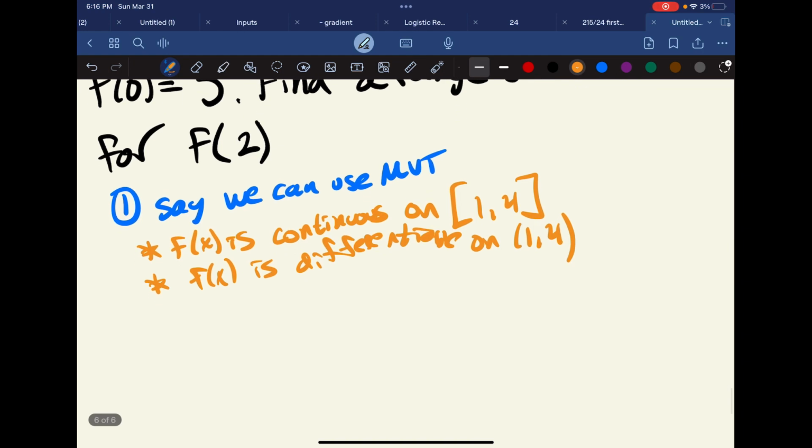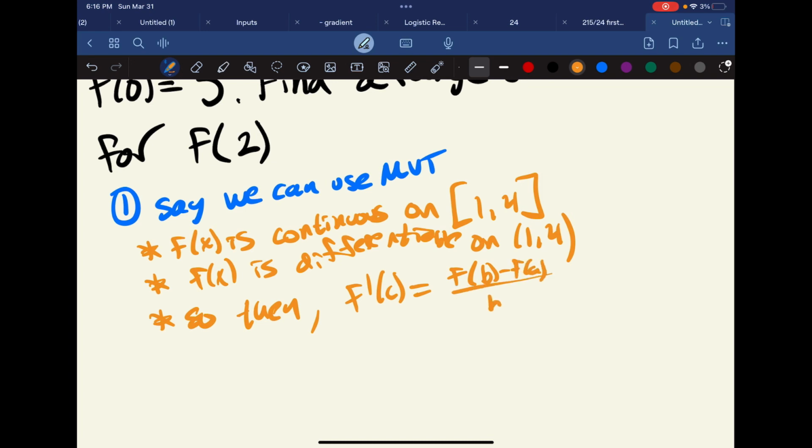So then f prime of c equals f of b minus f of a over b minus a for some c on the open interval a to b.